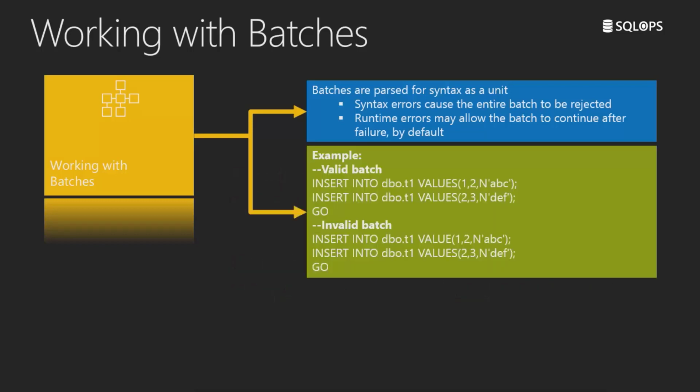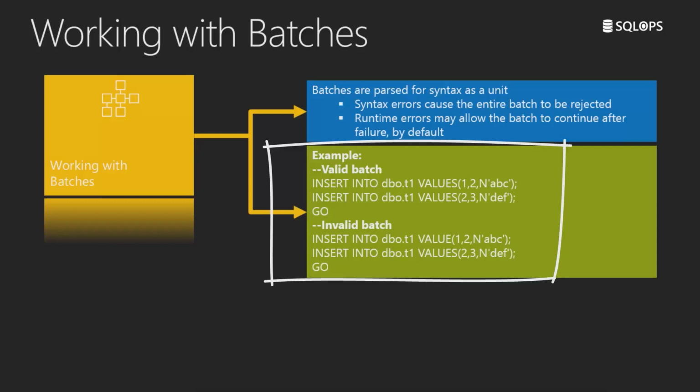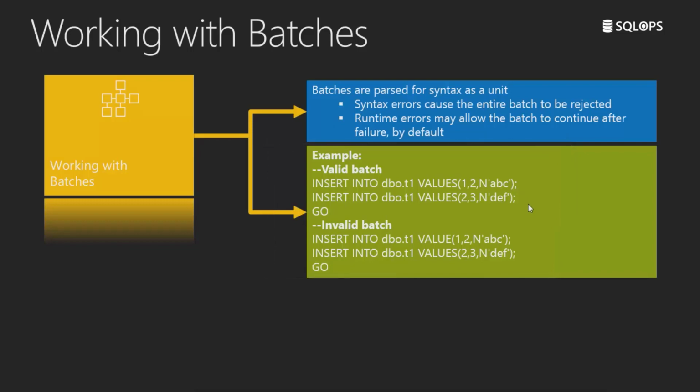For example, let's take a look at these valid and invalid batch examples that we see here. In the first batch, everything will be executed successfully, but the second batch throws a syntax error because of the word value. Let's take a look at some examples to see how to work with batches.